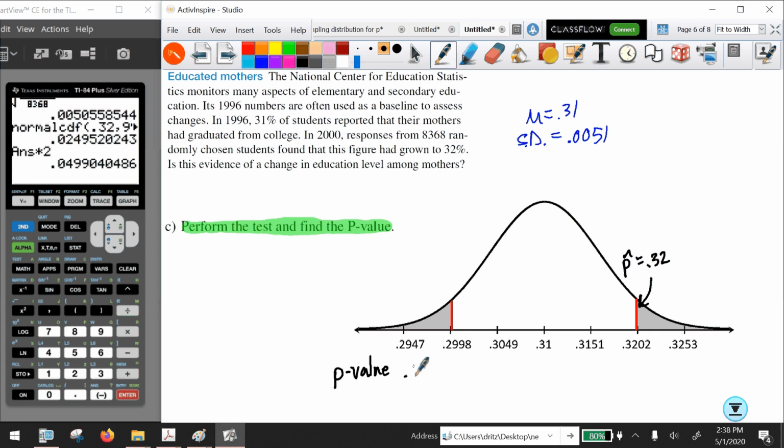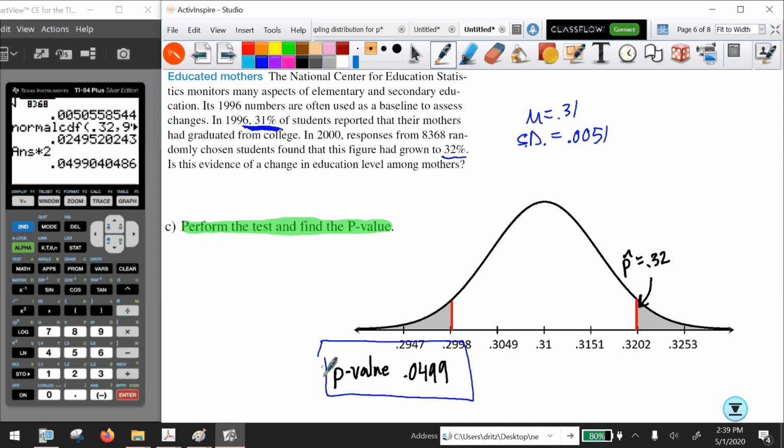The p-value is 0.0499, and what the p-value is, it's the probability of obtaining this result or further from the mean if this is in fact the model that we're working under. If the proportion of students whose mothers graduated from college is in fact still 31%, the chance of obtaining a sample proportion in which 32% of them indicated that their mothers graduated from college is actually less than 5%.